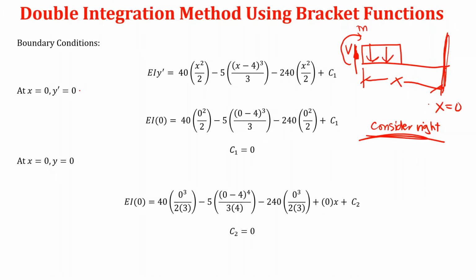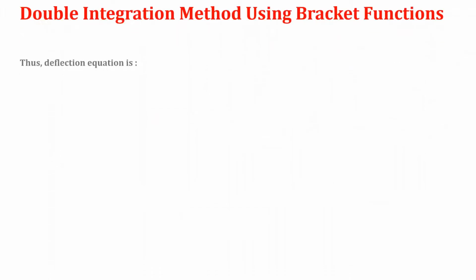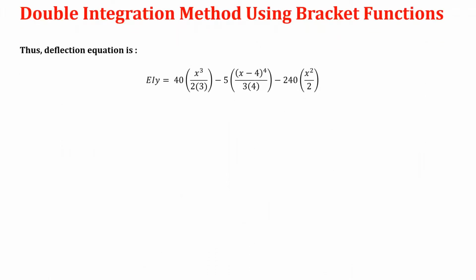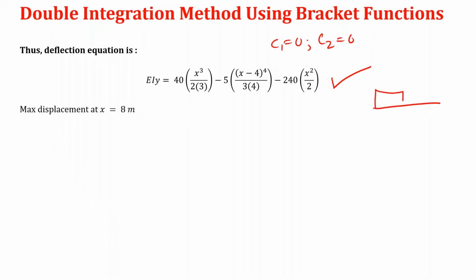C1, C2 is 0. Now, for our deflection equation, ito na. Okay? And then, substitute lang C1 equal to 0 ug C2 equal to 0. Karon, maximum displacement man. Again, ingon ani atong figure. Ang x nato nag-start diri.